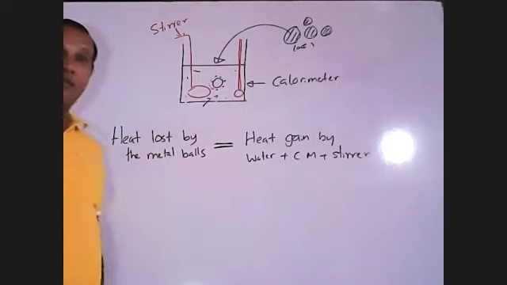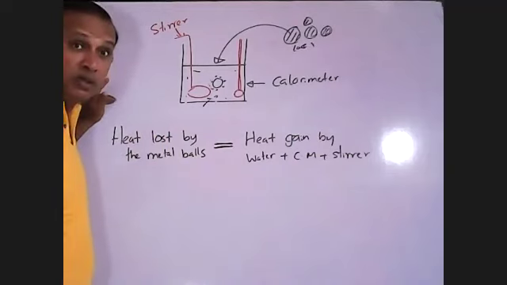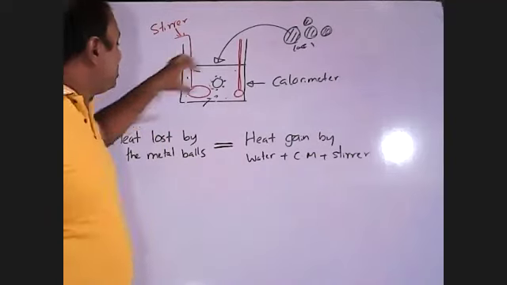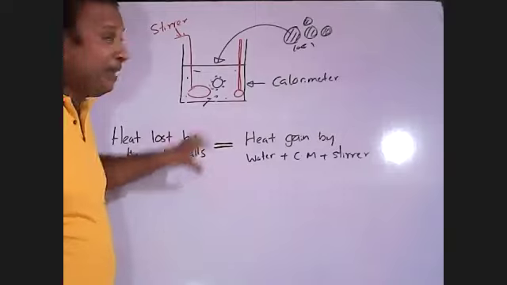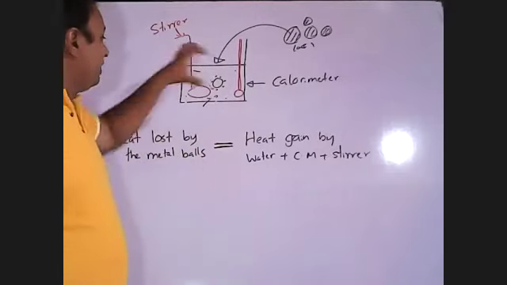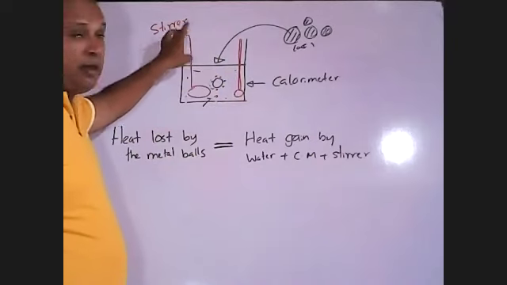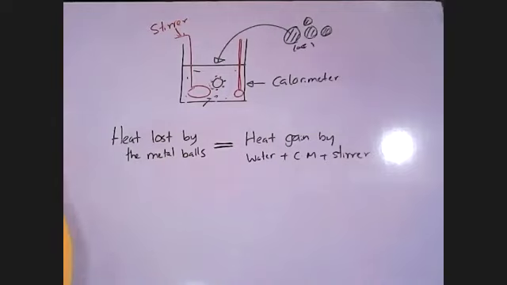Okay. Therefore, if there is no heat loss to the surroundings, the heat lost by the metal ball is equal to the heat gained by the water plus calorimeter plus stirrer. So that is the concept.